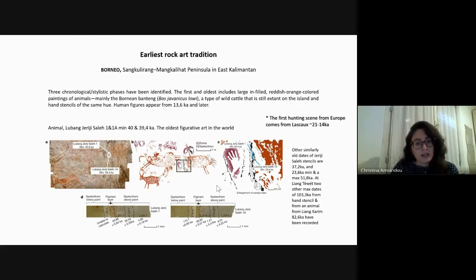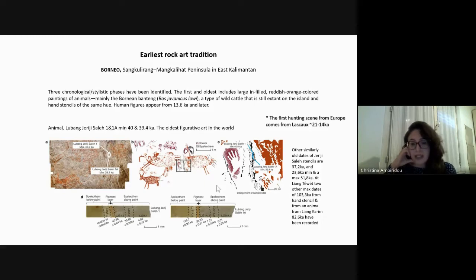Luban Jeriji Saleh 1 and 1A, referring to samples 1 and 1A, have yielded a minimum date of 40 and 39,000 years ago. Other similarly old dates of Jeriji Saleh stencils are minimum dates of 37.2 thousand years ago and 23.6 thousand years ago, and a maximum of 51.8 thousand years ago.